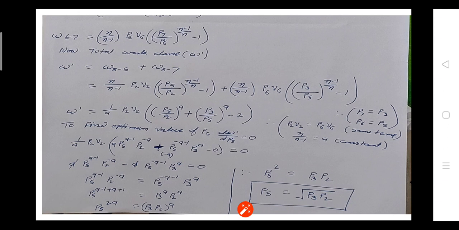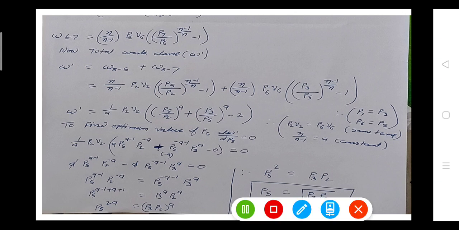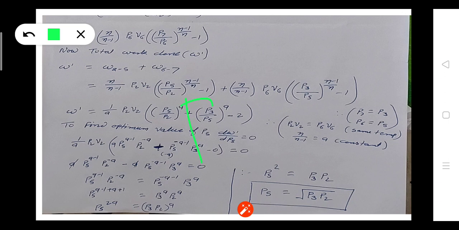If you take the P5 terms on one side and P2 and P3 on the other side, you will get the equation P5 raised to a minus 1 plus a plus 1, equal to P3 raised to a and P2 raised to a. Here a minus 1 plus a plus 1, the minus 1 and plus 1 get cancelled, that is P5 raised to 2a equal to P3 into P2 raised to a.